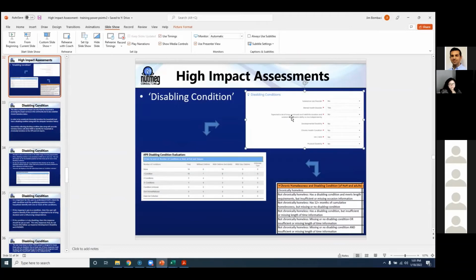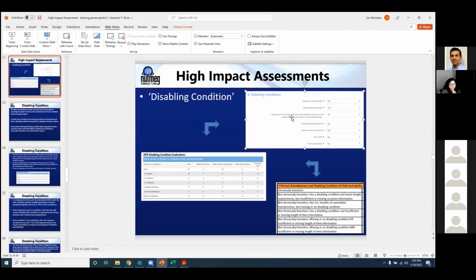And why that's important is sometimes users will say yes to mental health disorder, but they'll say no to impairing their ability to live independently. And they're enrolling that person in a PSH program where the person's rent is subsidized and they're receiving services. If the person's condition was such that it wasn't impairing their ability to live independently, then they would be able to access a fair market rent situation and have gainful employment.